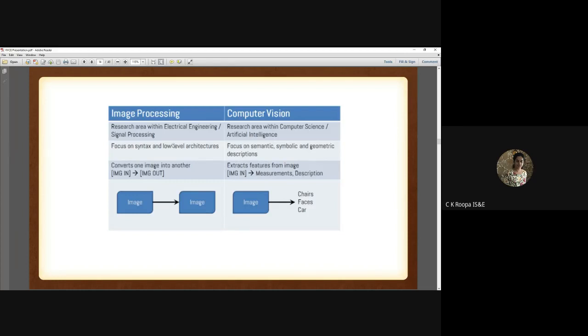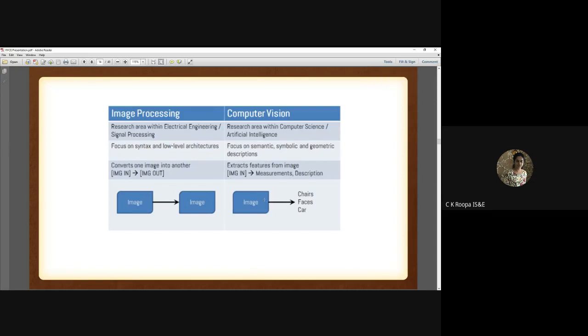in the image. Whereas in computer vision, we work on advanced research areas like computer science and machine learning. In image processing we concentrate more on the syntax and the low-level architectures.